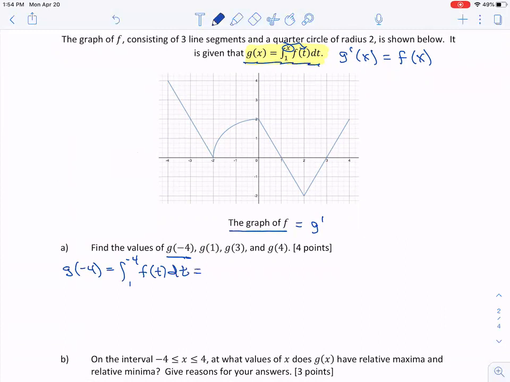So to evaluate this, I'm going to go to the graph of f, which is right above here, and I'm looking for the area between the function f and the x-axis, and I want to integrate from 1 to -4. So again, I'm going to be integrating from right to left.